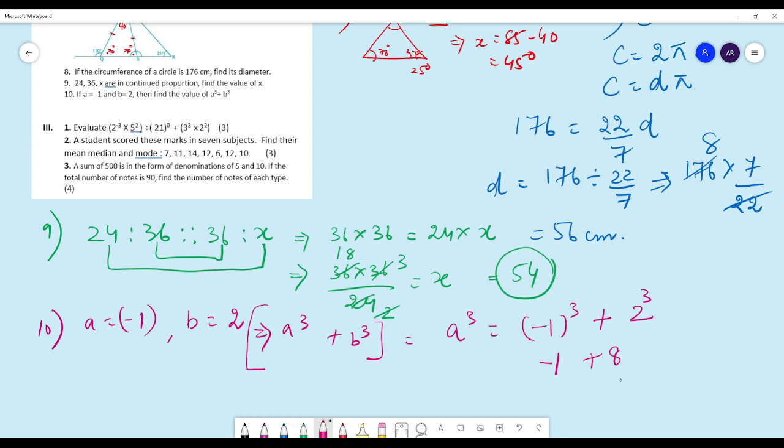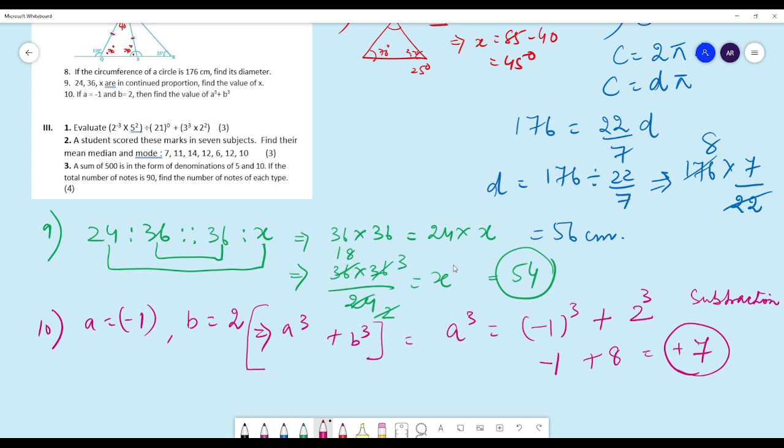Remember when we were talking about integers, we said if the signs are different, the operation is subtraction, right? So you subtract and you get the answer as 7. Now about the sign, the bada bhai, as I said always, bada bhai is 8, so you get to keep the sign of 8. So this will be plus 7 or, even if you do not mention the plus, it's perfectly okay. So that should be your answer over here.